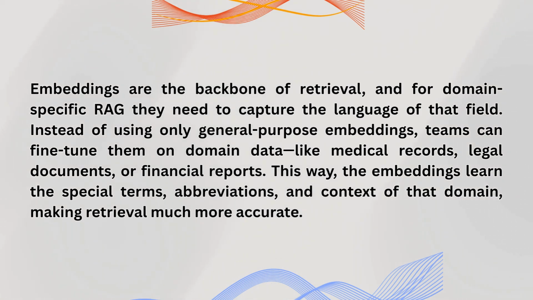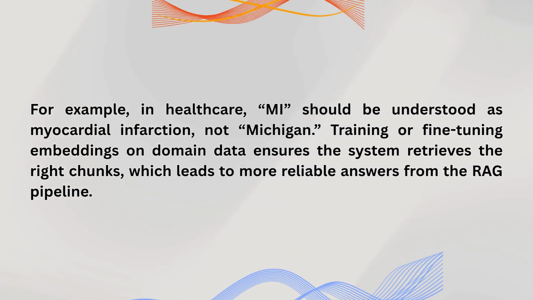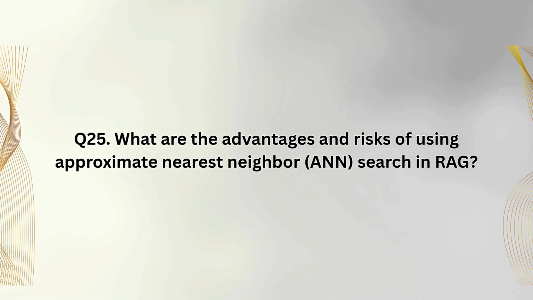This way, the embeddings learn the special terms, abbreviations, and context of that domain, making retrieval much more accurate. For example, in healthcare, MI should be understood as myocardial infarction, not Michigan. Training or fine-tuning embeddings on domain data ensures the system retrieves the right chunks, which leads to more reliable answers from the RAG pipeline.